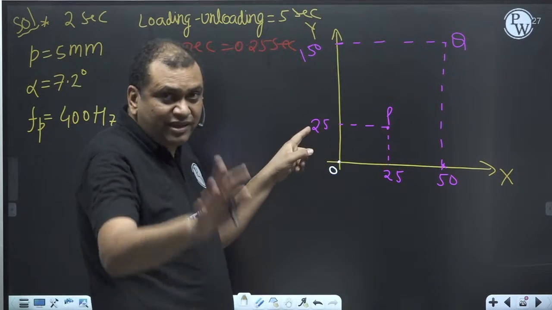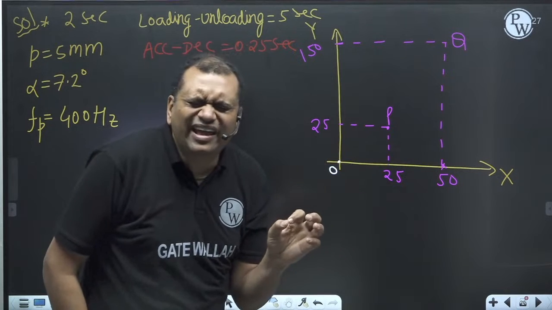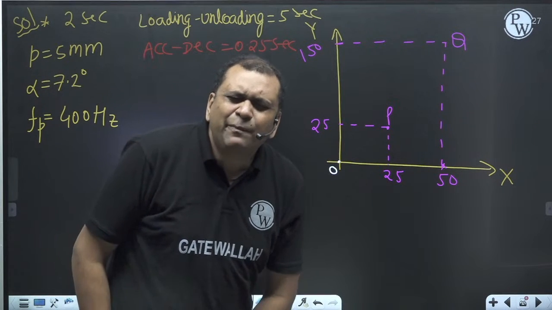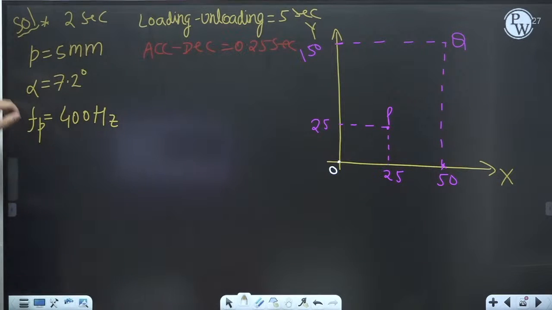There are 3 movements, O to P, P to Q, and Q to O. In all 3 movements, 0.25 seconds are lost in acceleration and deceleration. 5 millimeter is the pitch, for the stepper 7.2 degrees is the step angle, and the frequency of pulse is 400 hertz.